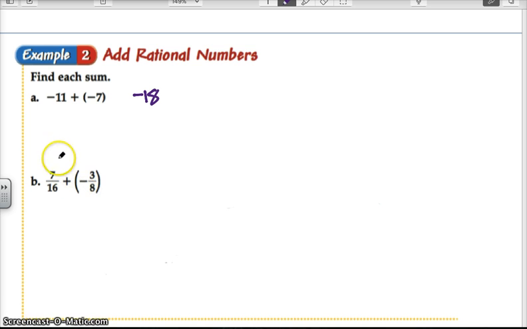So the fact of the matter is, which fraction is larger? Is it this guy or this guy? Because that's going to inform me as to what sign the answer would be. So the best way to compare fractions is to make sure we have the same denominator. So we'll start off by getting that. Well, what number does both 8 and 16 go into? Yeah, 16.